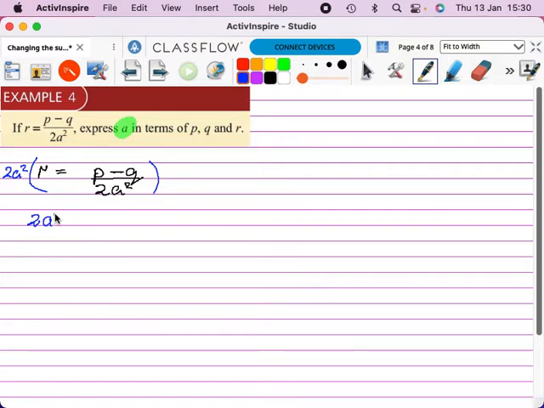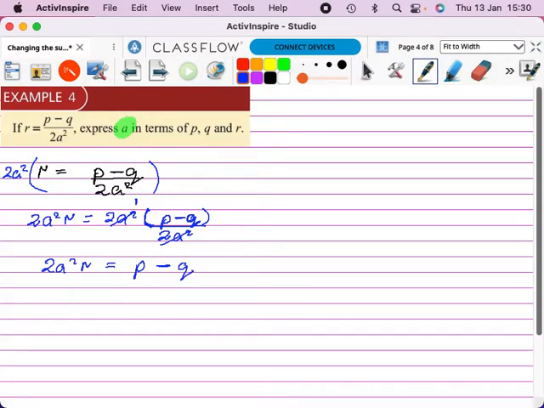So it's 2a squared on r is equal to 2a squared on, open bracket, p minus q, all over 2a squared. Cancel, cancel, leaving you with 1. So we've got 2a squared r is now equal to 1 on p, which is p, and 1 on q. Don't forget the minus in the middle.